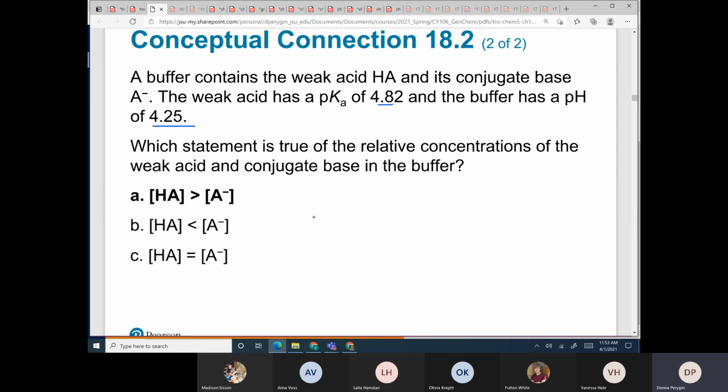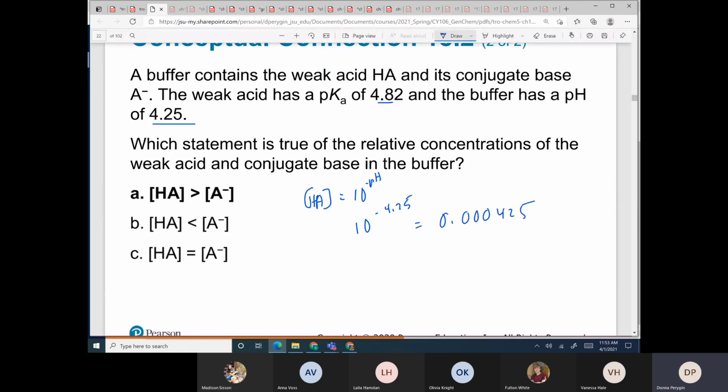So remember that the concentration is going to be equal to 10 to the negative pH. Right, so concentration of your acid is equal to 10 to the negative pH. So that's going to be 10 to the negative 4.25, which is going to be 0.0000562, right?